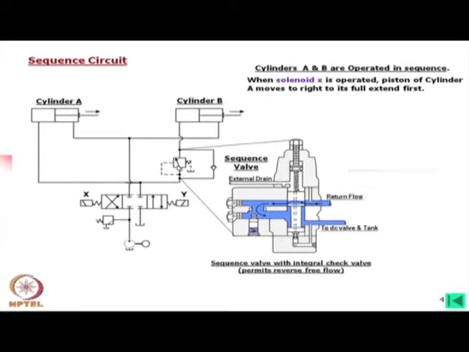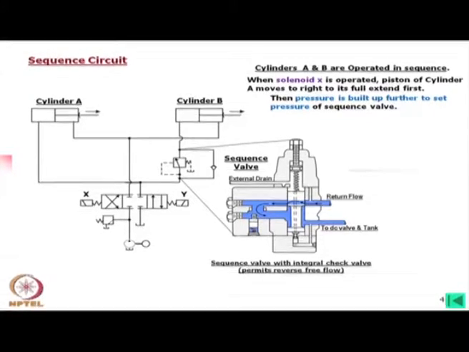There is some setting here. Unless we reach that setting, this oil will not go through this point. Then pressure is built up further to the set pressure of the sequence valve. We have set a pressure setting.